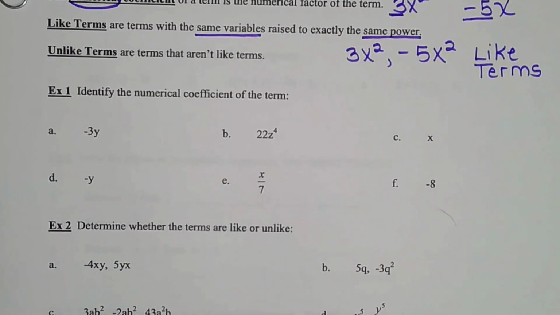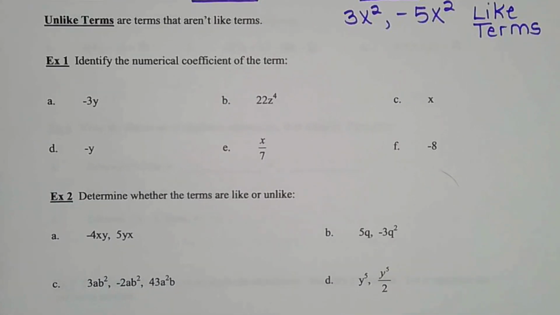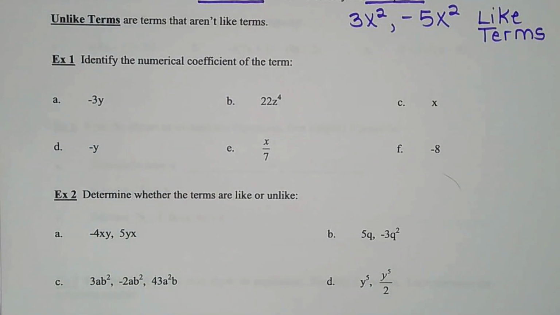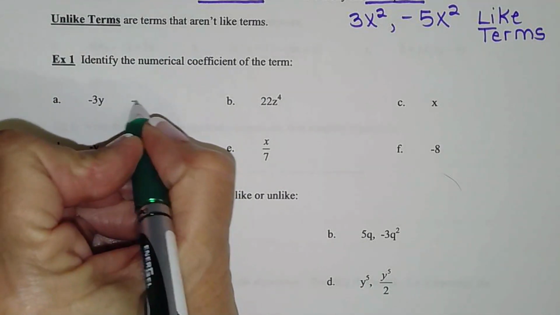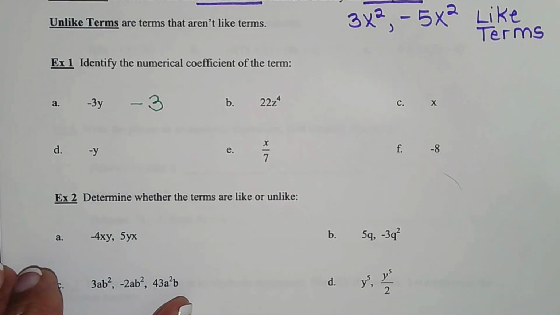So first we're going to practice identifying the numerical coefficients. If you want to shut off the video and go through and answer those 6 questions, you can. Gives you good practice, lets you see where your weaknesses are so that you know what to practice on later. Okay, so the numerical coefficient for this term is -3, and yes, you do need the negative.